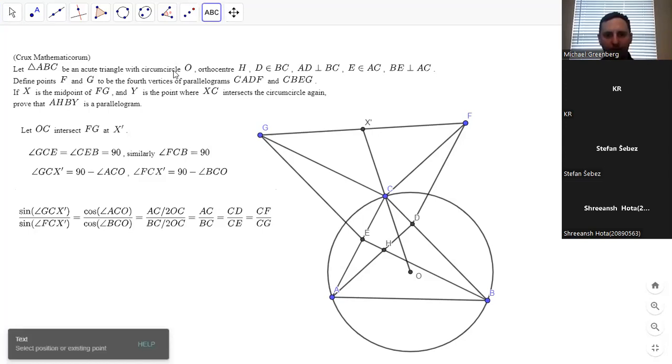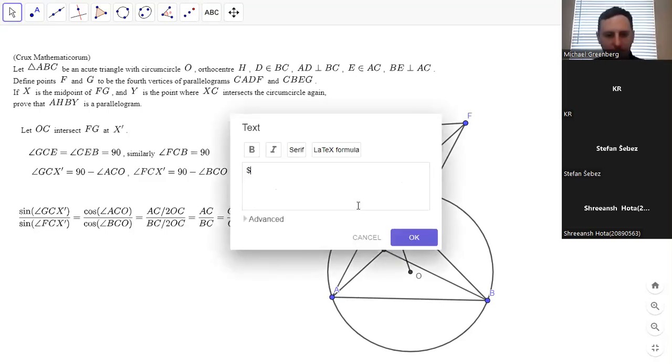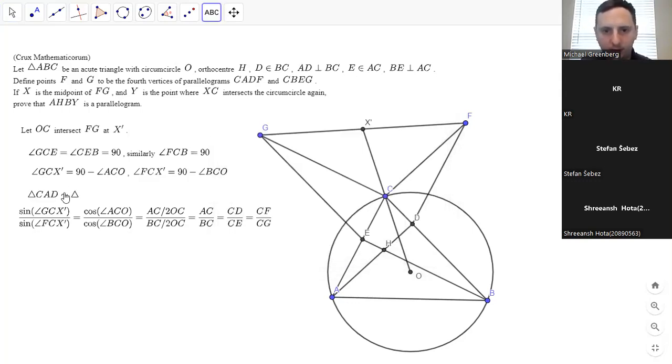Triangle CAB is similar to triangle CBE.